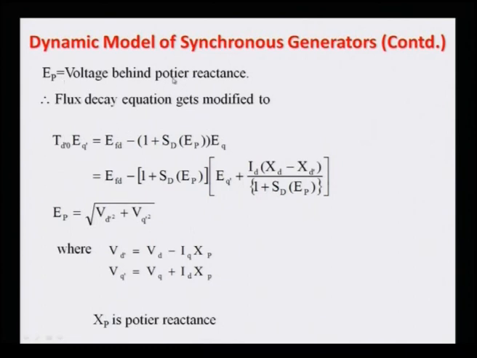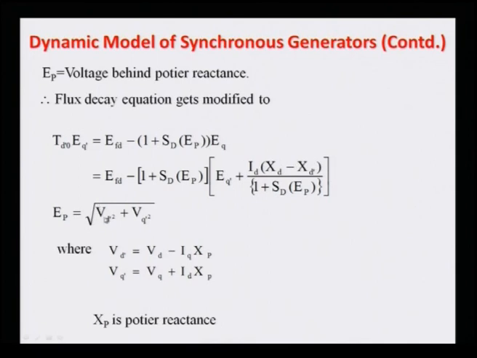Thus, E_P is the voltage behind the Potier reactance, as I said, and the flux decay equation gets modified here, because the T_d0' here, we are writing E_q' dot, and here E_q is multiplied by 1 plus some saturation factor. The other things are the same compared to equation number 2. Here this S_d, which is a function of E_P, is added as 1 plus this, that is why it is getting modified.